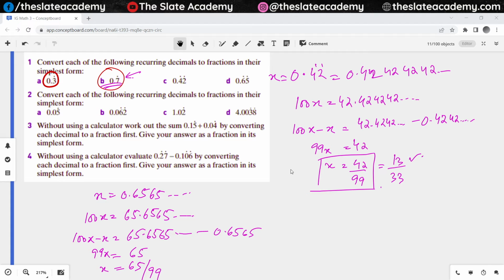All right. All of you who have done the first four parts, you can move to question number 2. Question number 2 is 0.05 recurring.